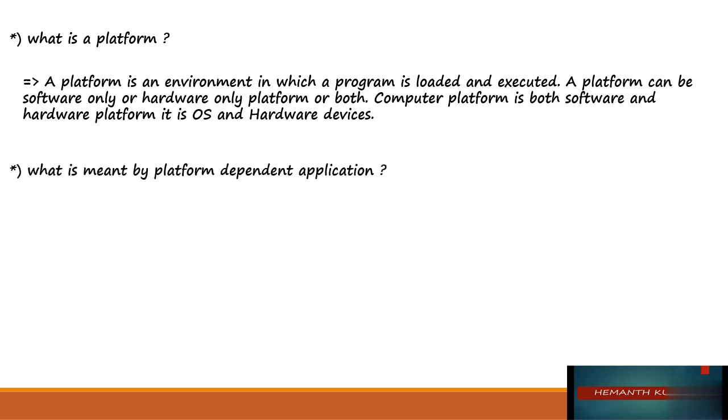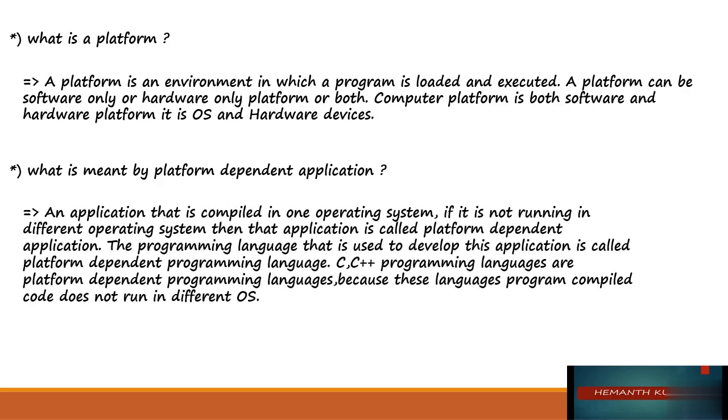What is meant by a platform dependent application? An application that is compiled in one operating system, and if it does not run in a different operating system, is called a platform dependent application. The programming language used to develop this application is called a platform dependent programming language.